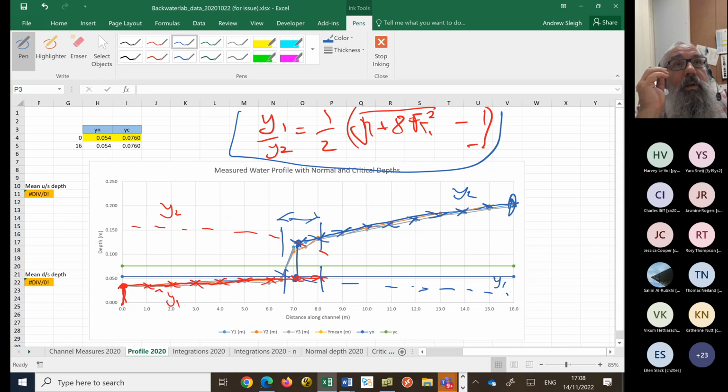And the objective of the exercise, as it says in the lab, is to verify this gradually varied flow equation, and to use it to identify where the hydraulic jump occurs. And in identifying that, we're assuming it verifies the equation. Don't worry about going into too much detail.